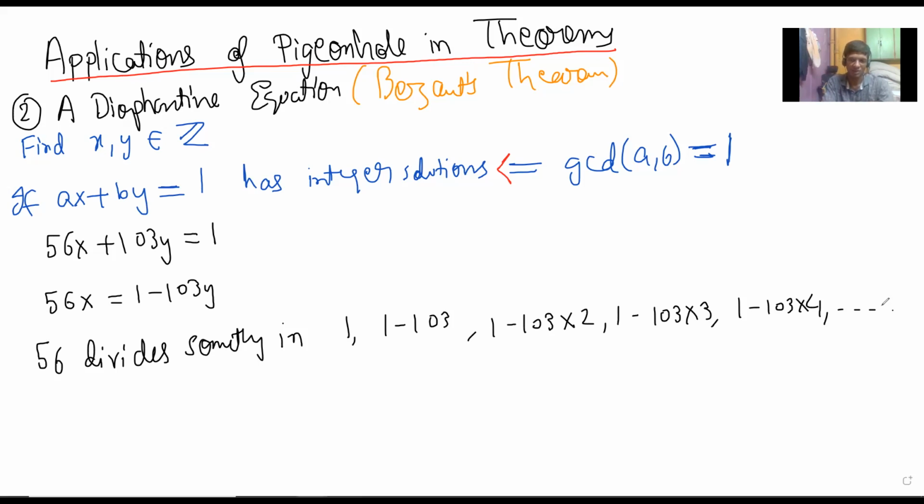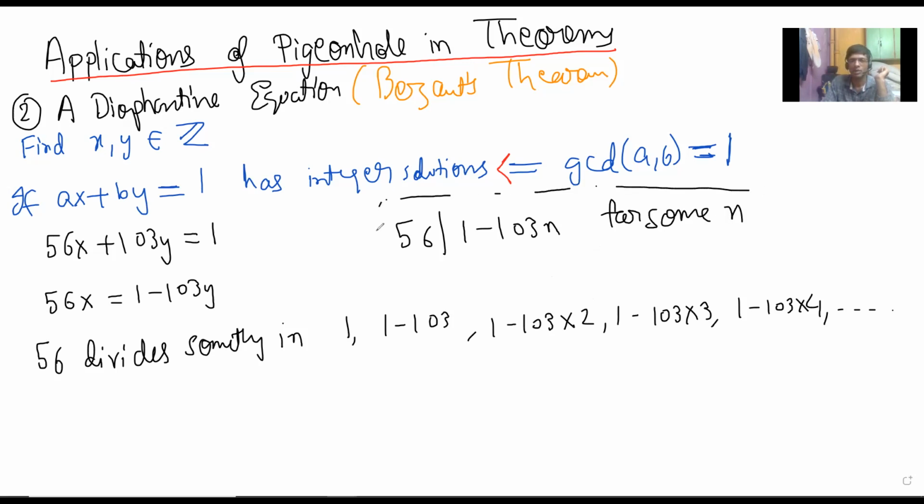So we just want to convert this like this: 56 divides something. Now, how do we show that 56 divides something in this list? Yeah, so 56 divides 1 minus 103 times n for some n. This is what we want to show.